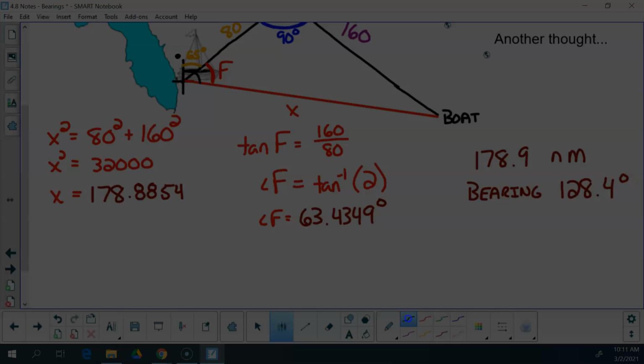So I got to go through the original 65, then I got to go through the red 63.4 to get to the true bearing. So the bearing is 128.4. Right?